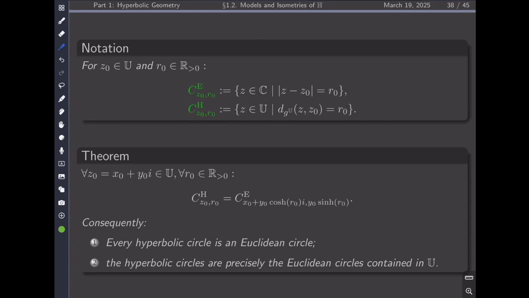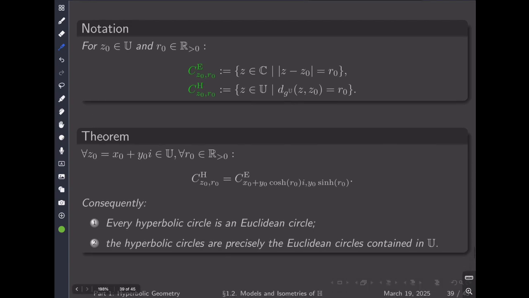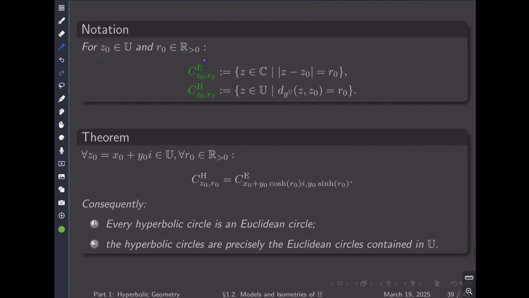So let's denote, if you give me a point in U and a positive real number, I now have two possible circles to consider, the Euclidean one and the hyperbolic one. So this is just notation: E for Euclidean, H for hyperbolic, with center and radius r naught.